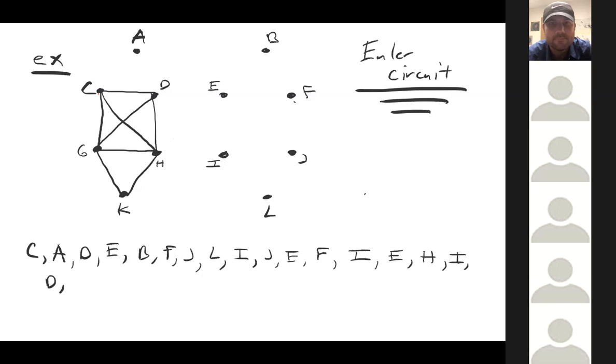Now D, I'll go to H, down to H. That's not a bridge. Then I'll shoot down to K. My only choice from K now is to G. Okay. Now I go to H. I can go to H if I want to.